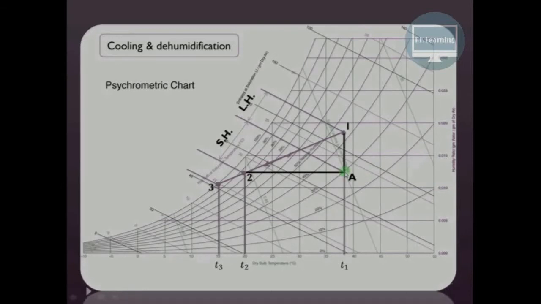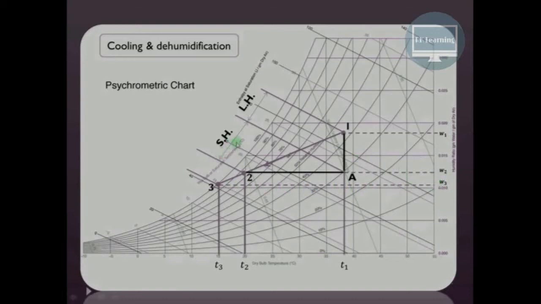One is known as sensible heat, and another one is known as latent heat. From 1, draw a horizontal line, so you'll get the value of W1, then this is W2 or WA, and from 3 you'll get the value of W3.